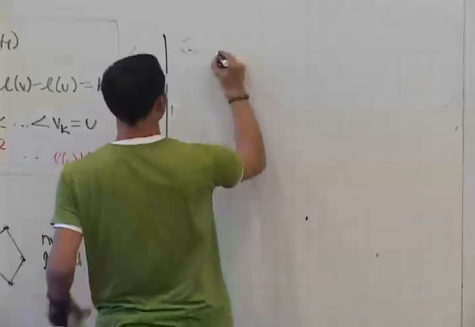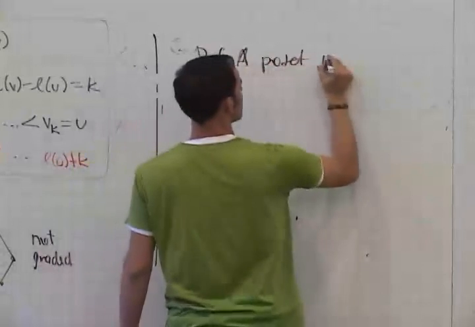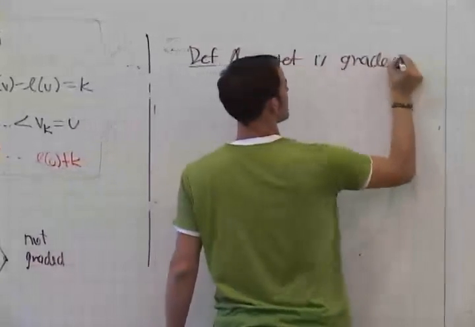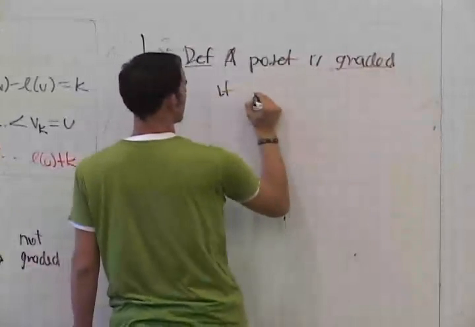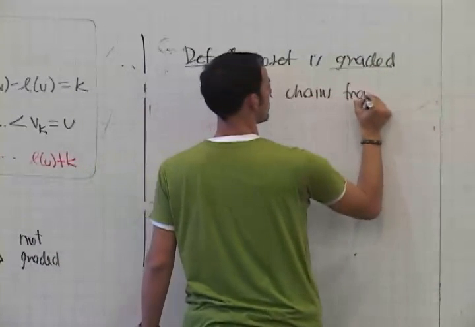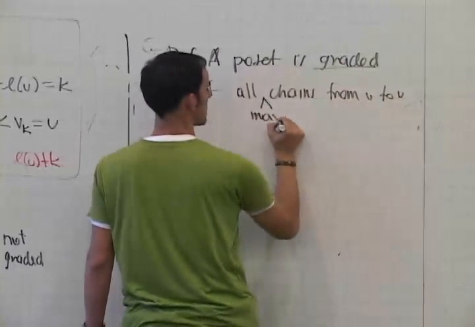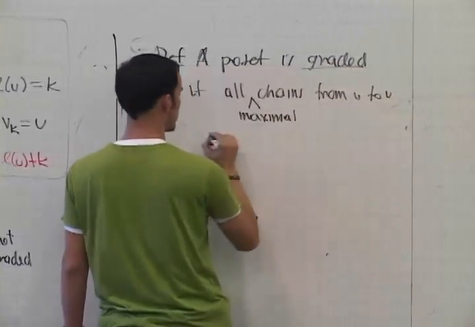So what am I saying? Definition: a poset is graded if all maximal chains from U to V have the same length.